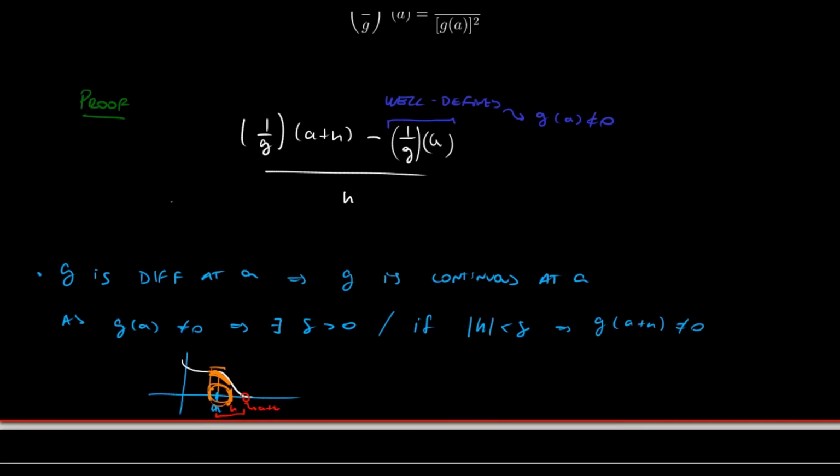So then we have, because of this, that this other part is also well defined, because g of a plus h is different to 0 if h is small enough.